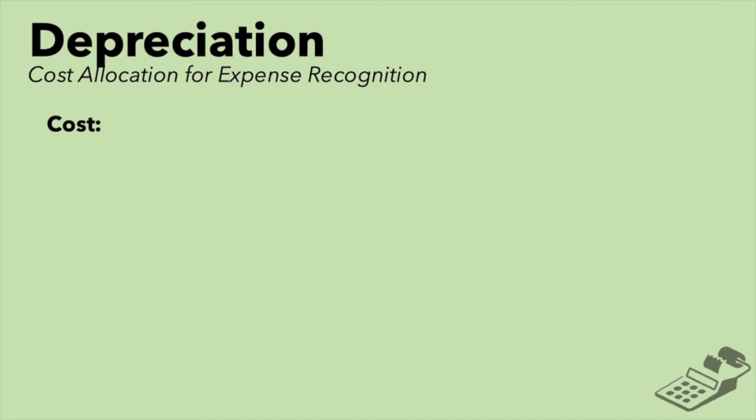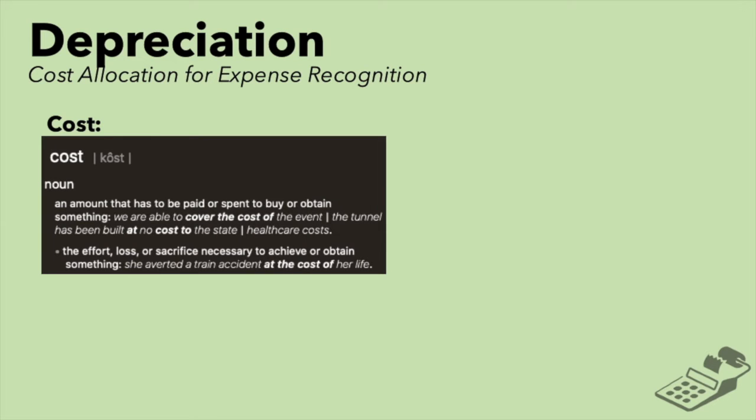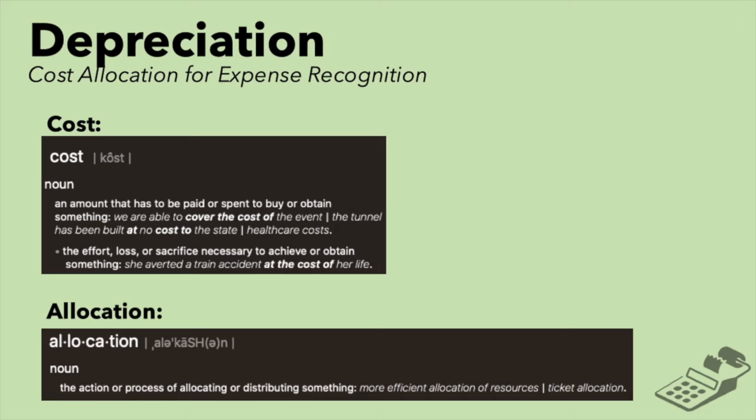What is cost? Well, if we look at the dictionary, cost is an amount that has to be paid or spent to buy or obtain something. The effort or loss or sacrifice necessary to achieve or obtain something. Allocation, according to the dictionary, means the action or process of allocating or distributing something.